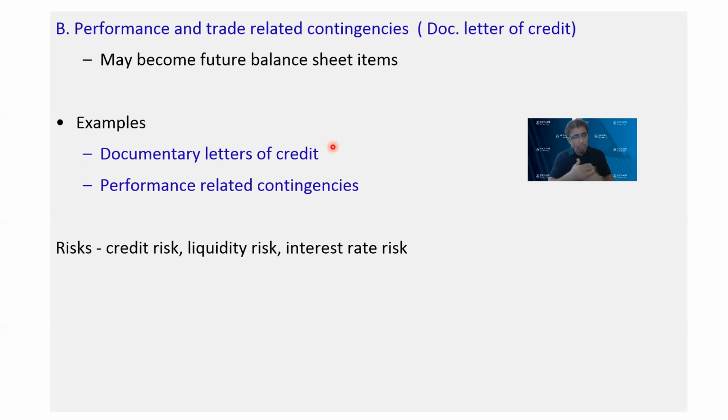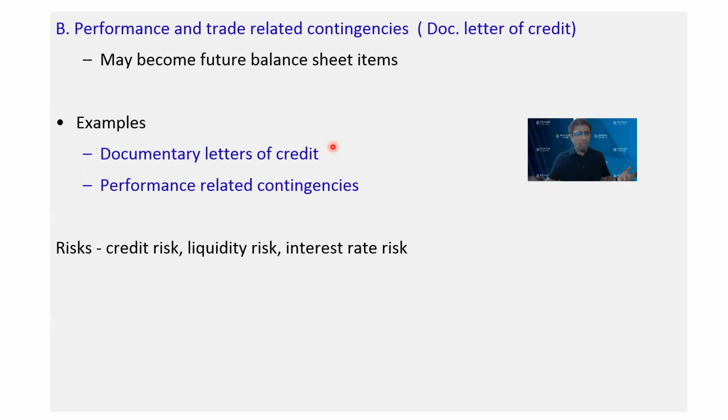So for all of those guarantees, if the person whom the bank is guaranteeing to do the business as per the contract doesn't default and performs well, nothing will happen from the third party.